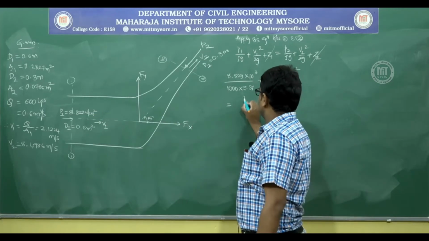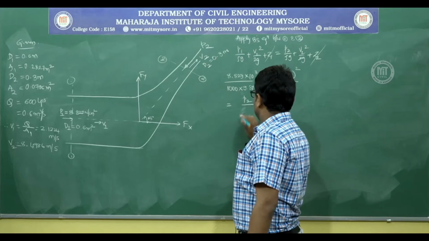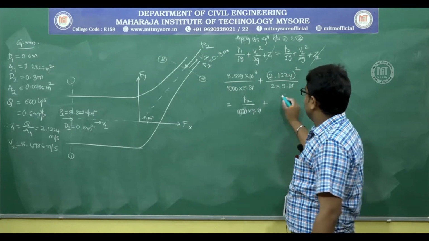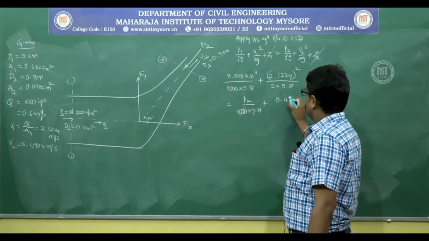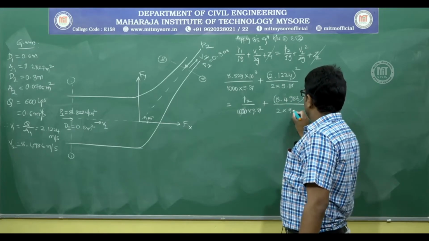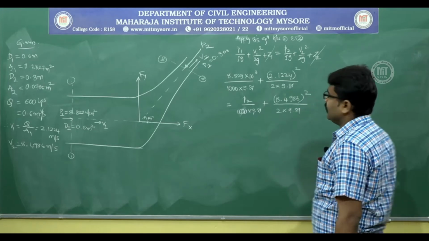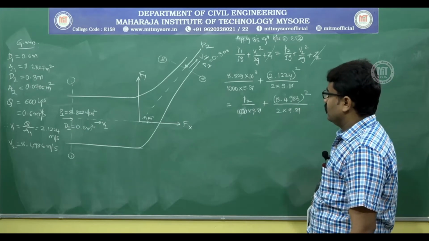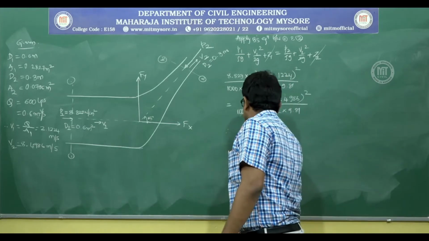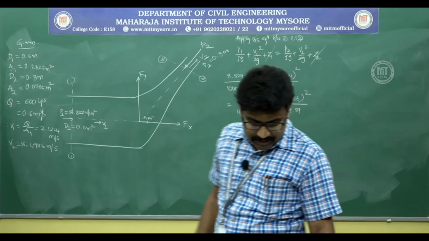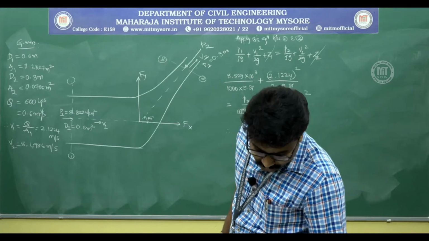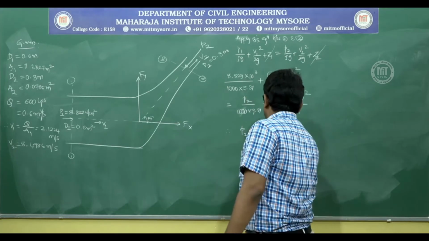This must be equal to P2, which is unknown: P2 by rho g, rho is 1000 into g is 9.81, plus V2 square, which is 8.4986 square divided by 2 into 9.81. The only unknown in the entire equation is P2. So solve for P2. When you solve, you will have P2 equal to 54.62 into 10 power 3.